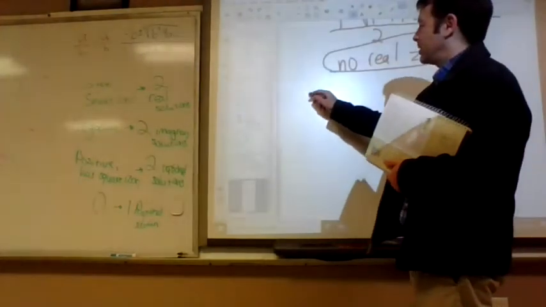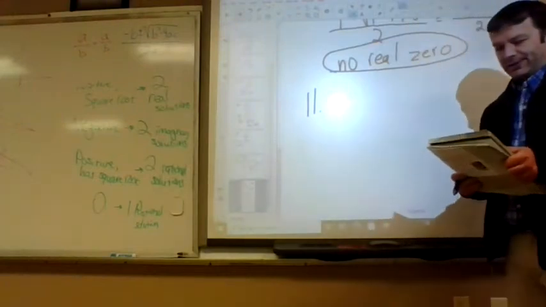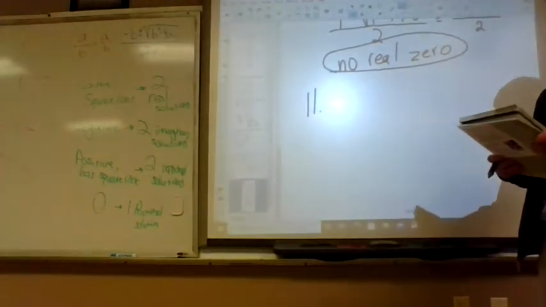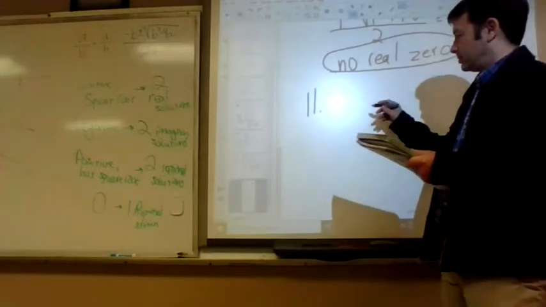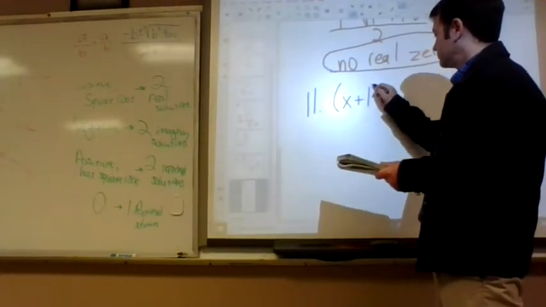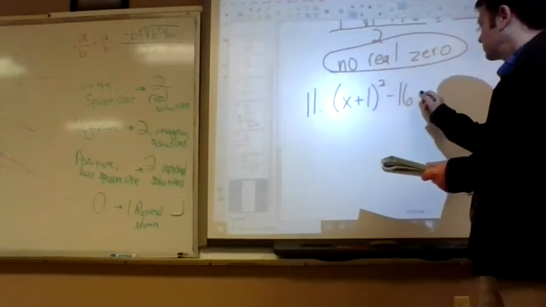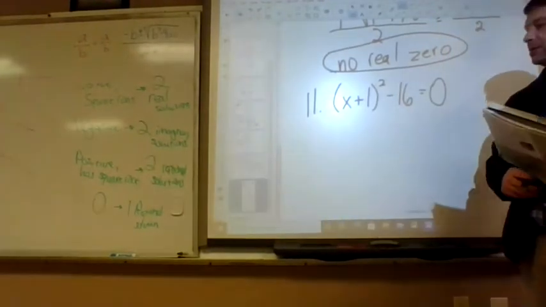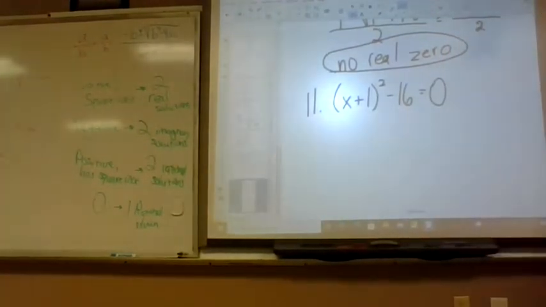Number 11. Okay, so it's x plus 1 squared minus 16. How could I solve that? How would I figure out what x plus 1 squared is?